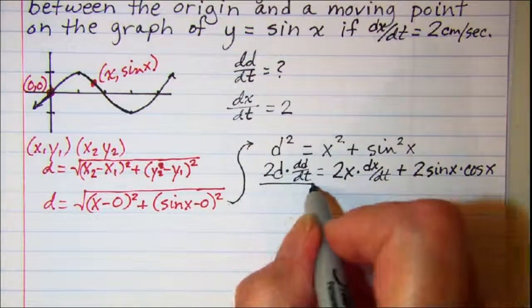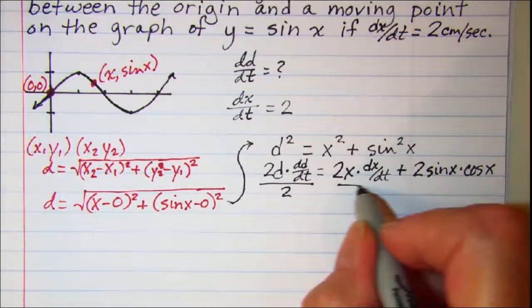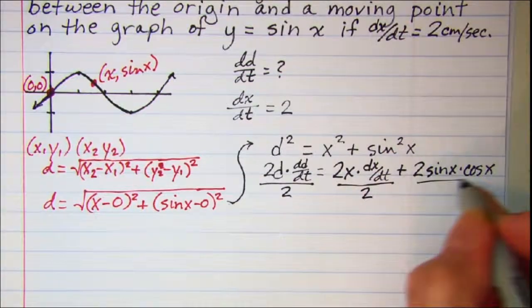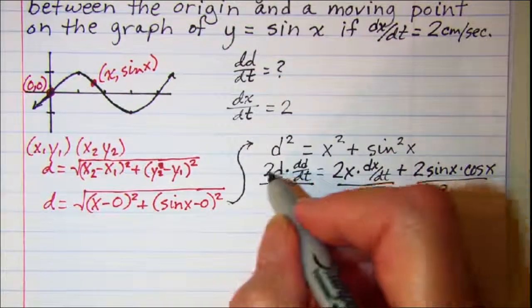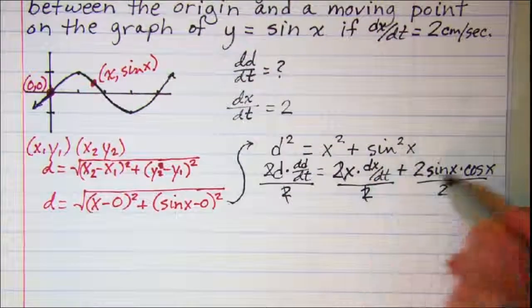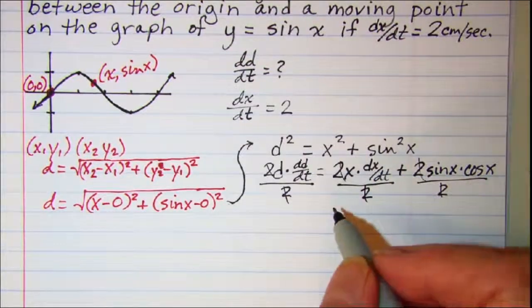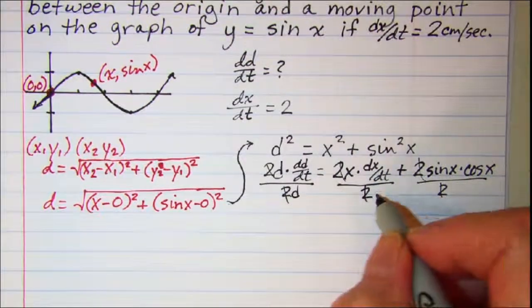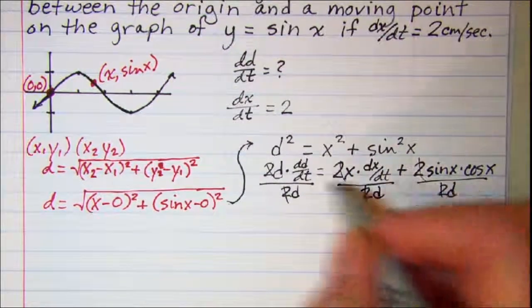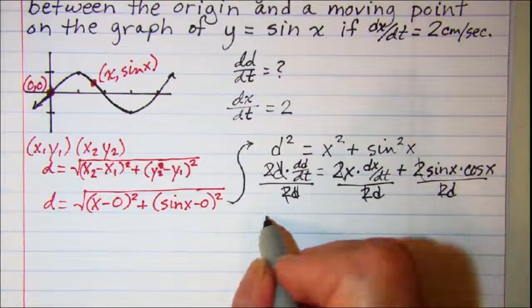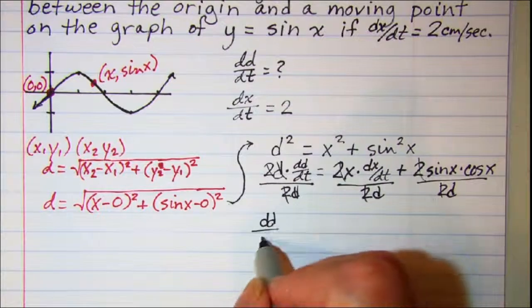I think I'm going to divide everything by 2 here to simplify a little bit. So these will cancel, and these will cancel, and these will cancel. Let's divide by 2d so that I have just dd/dt.